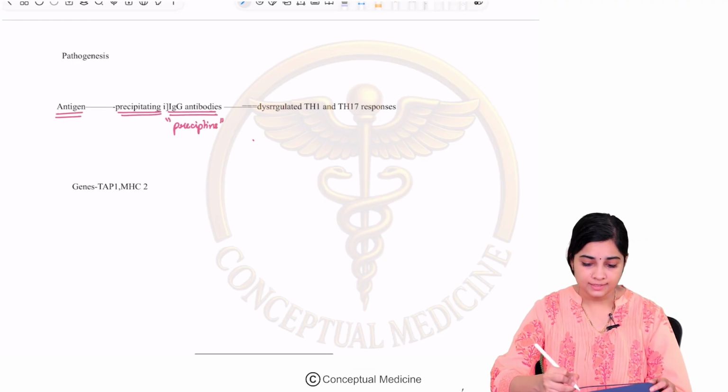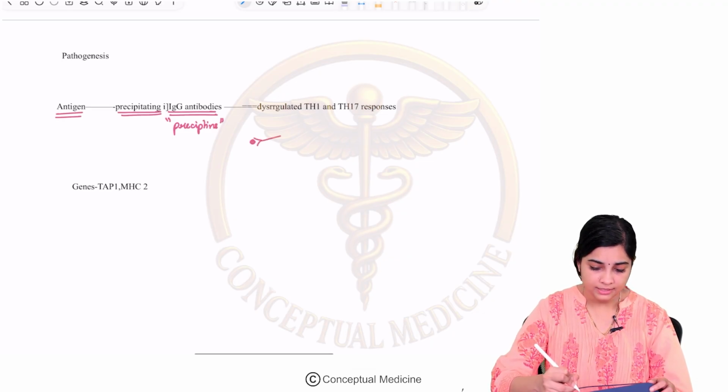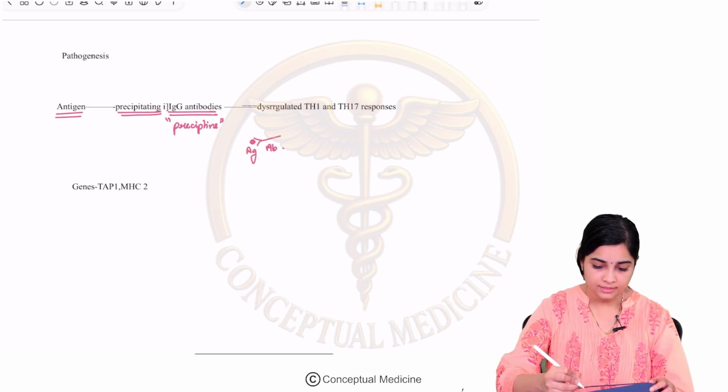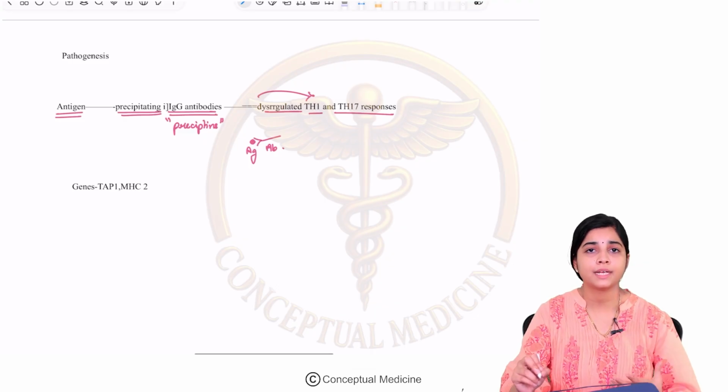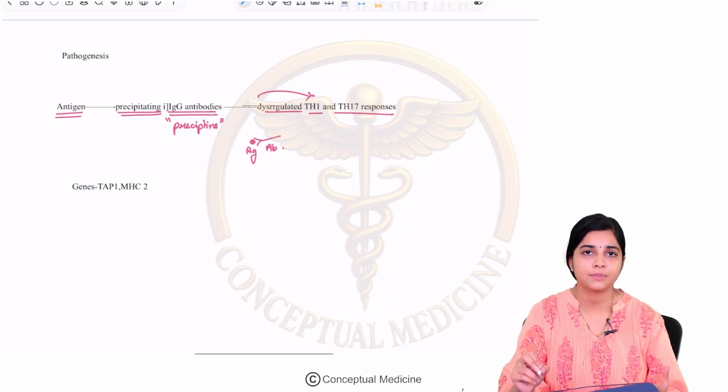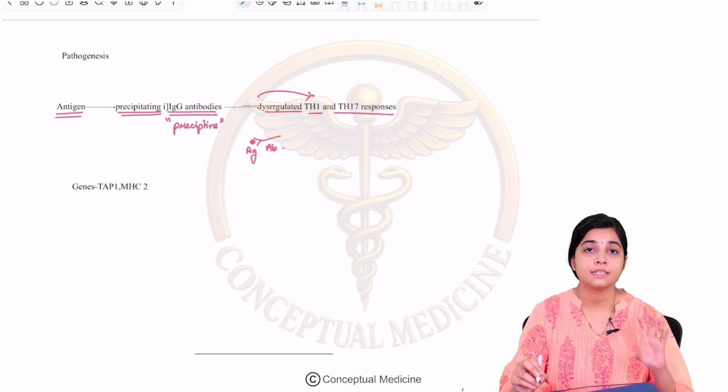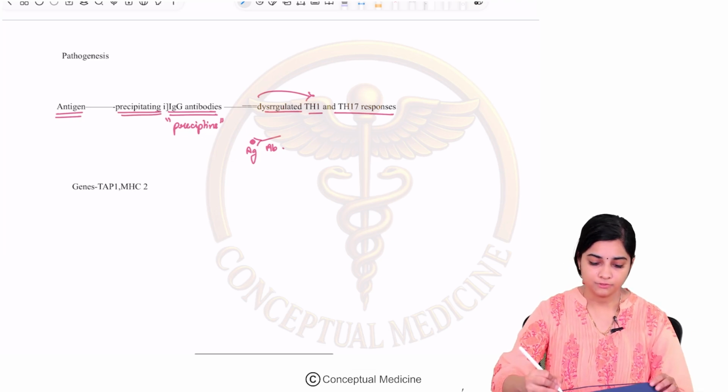Okay, now this antigen-antibody reaction results in dysregulated T helper 1 and T helper 17 responses. So there is overactivation of your T helper 1 and T helper 17 responses, and hence there is excessive inflammation of the airways.